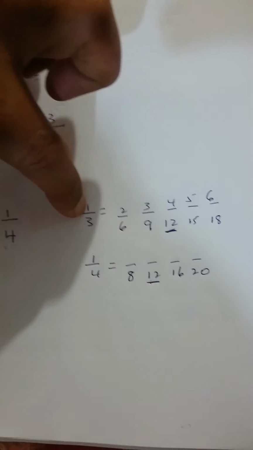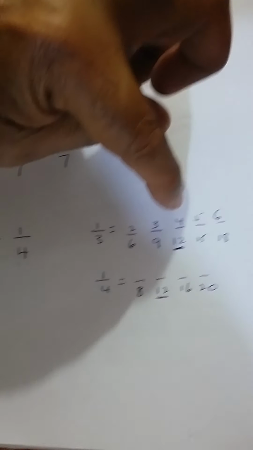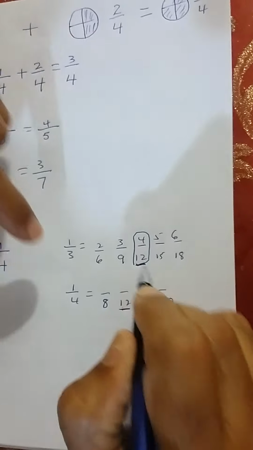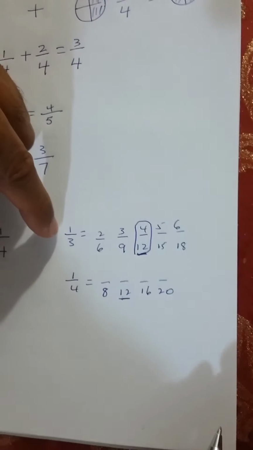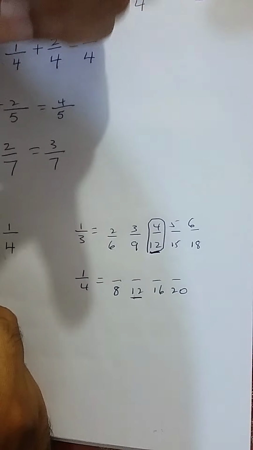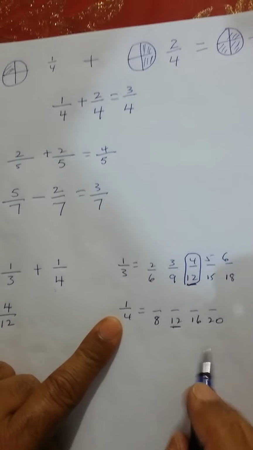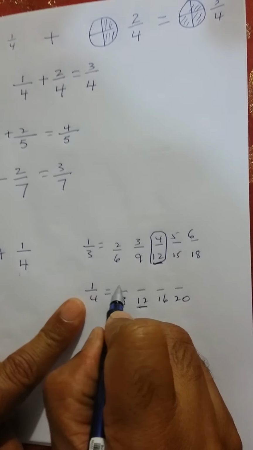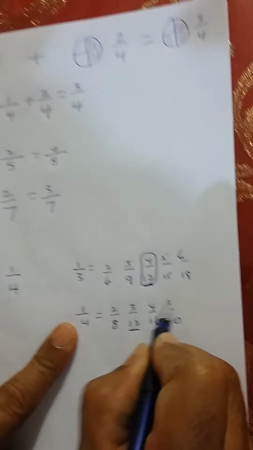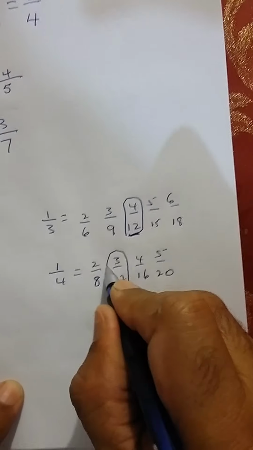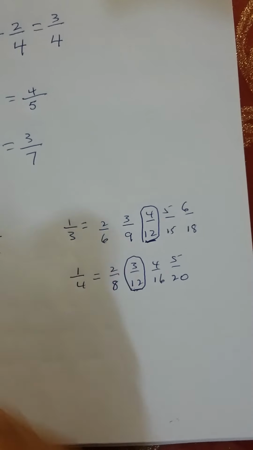So we can say another name for 1/3 is 4/12. This is an equivalent fraction. So 1/3 is 4/12. I'm not going to call it 1/3 again, I'm going to call it 4/12. And a quarter, let's finish out a quarter: 1, 2, 3, 4. Another name for a quarter is 3/12.